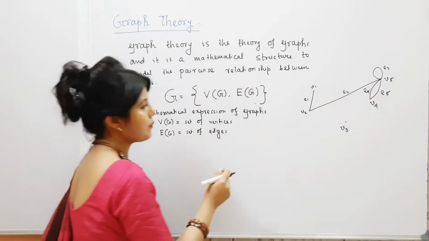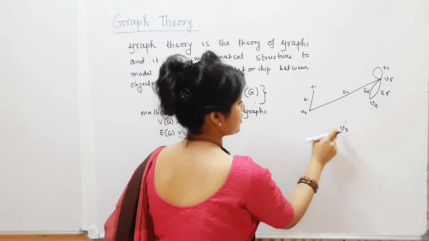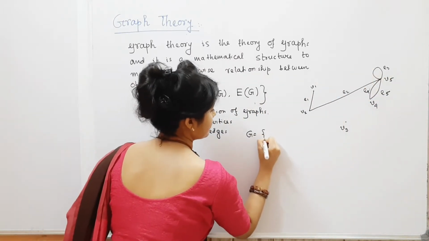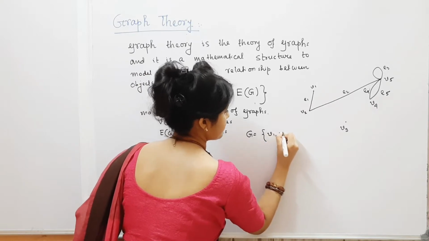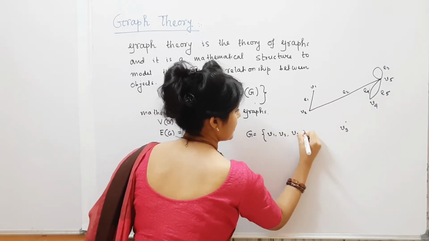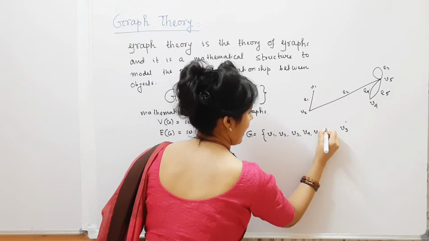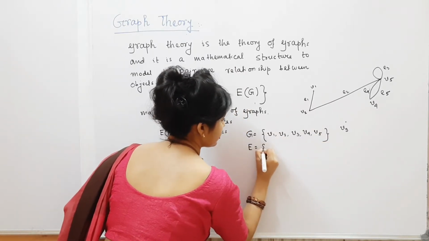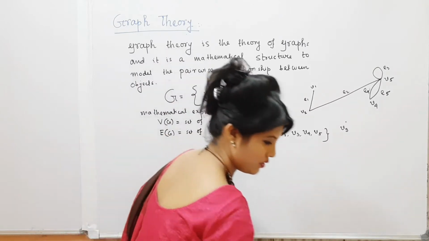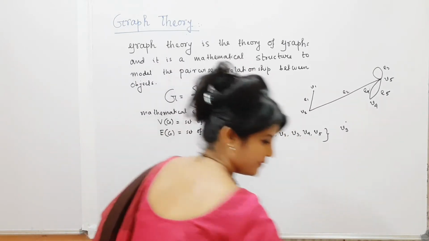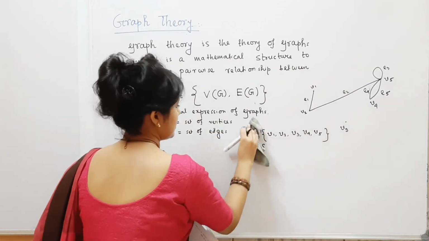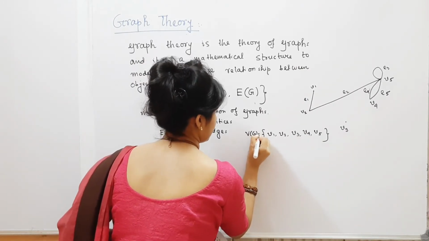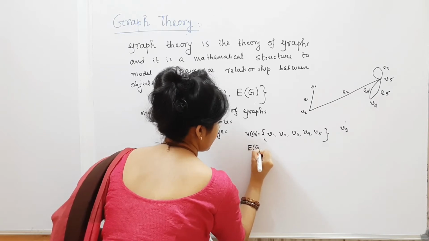How many vertices are there? V1, V2, V3, V4 and V5. So the graph consists of the vertices V1, V2, V3, V4 and V5. Sorry, this is actually V of G. And how many edges are there?